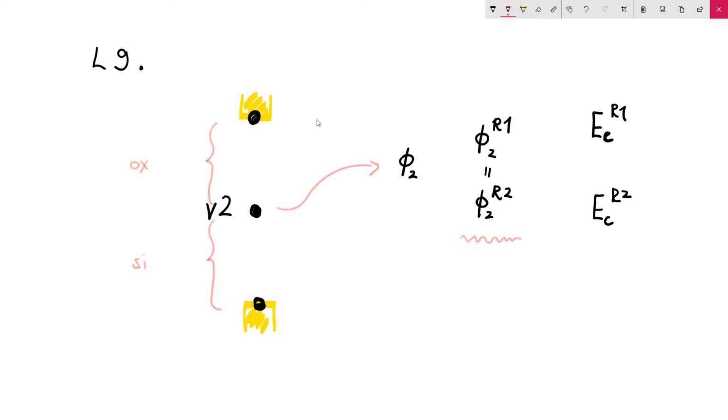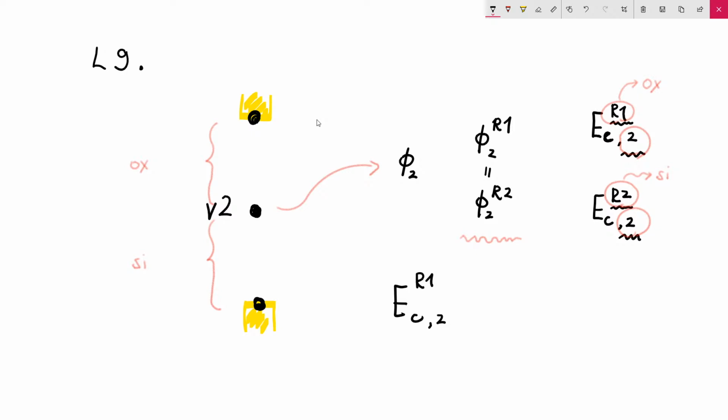Although we are talking about the same position, with different regions, one corresponds to an oxide region and the other to a silicon region, so we have to have such a relation.